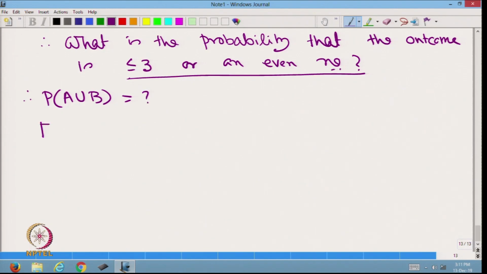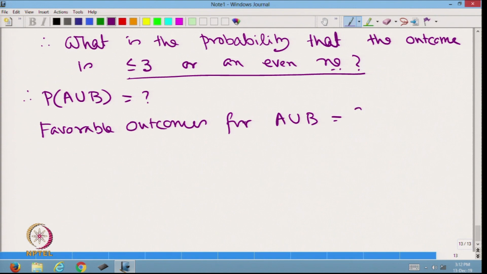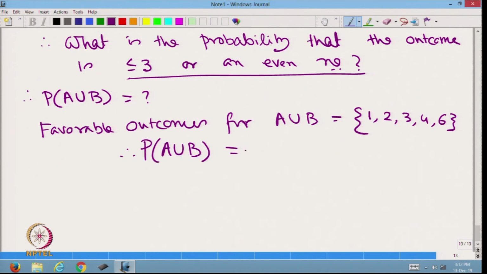Now, favorable outcomes for A union B are 1, 2, 3, 4 and 6. Therefore, probability of A union B is equal to 5 by 6.